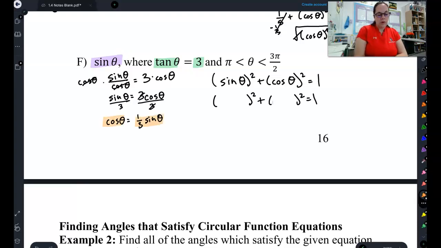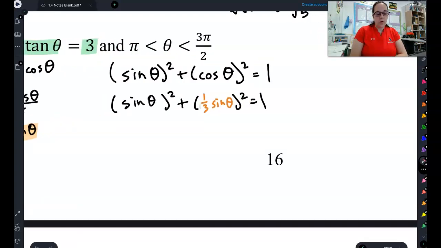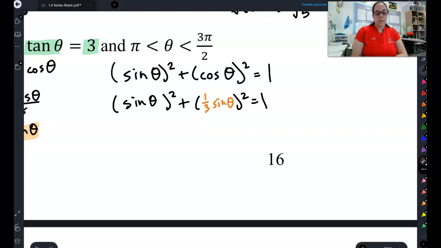And now I'm going to plug that in for cosine and leave this one alone. Now notice I only have sines in my problem, so that means I can now solve for sine. So first thing I'm going to do is this 1/3 sine of theta squared is 1/3 sine of theta times itself.